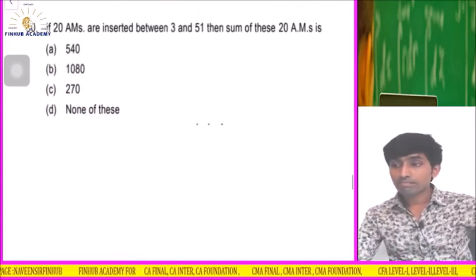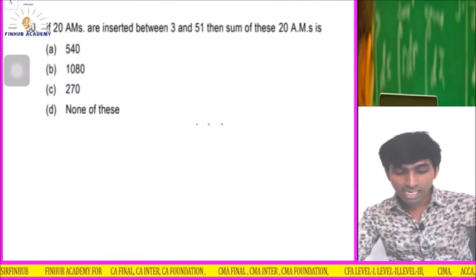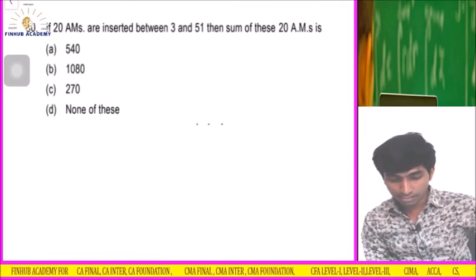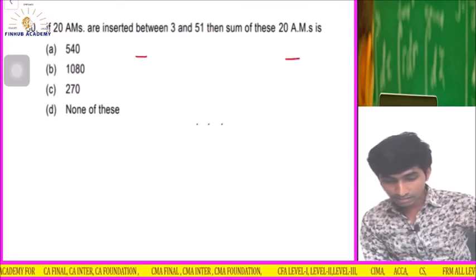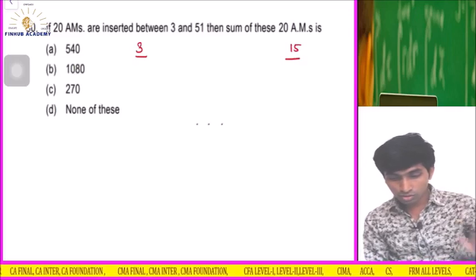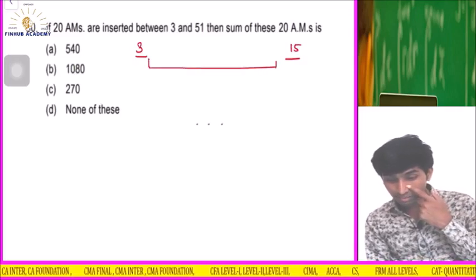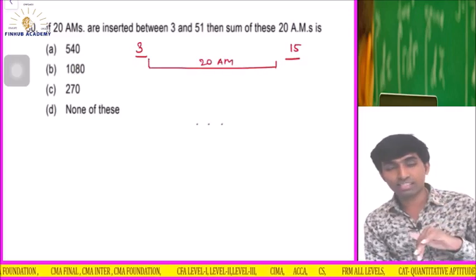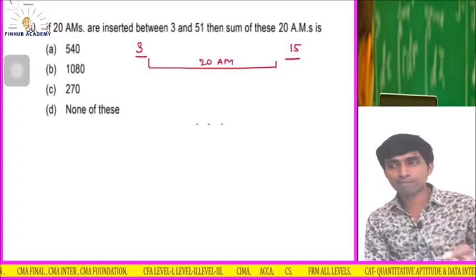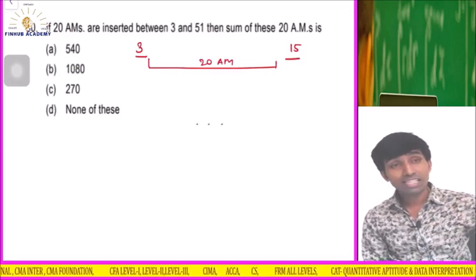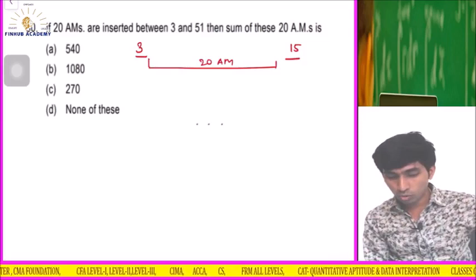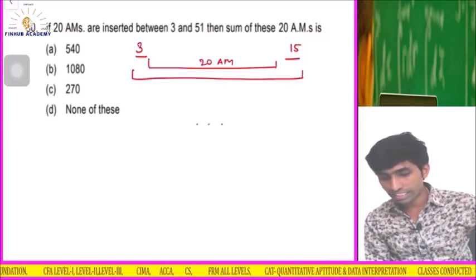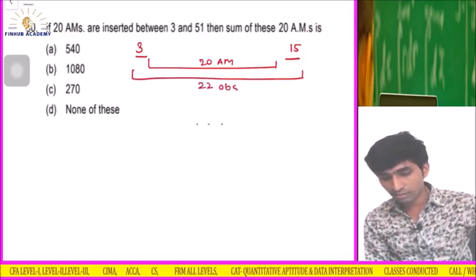If 20 arithmetic means are inserted between 3 and 15, please understand, 3 and 15. So there are 20 arithmetic means, 20 AMs I will insert, it's an arithmetic progression, correct. So in short, from here to here the number of data is 22 observations, 22 numbers are there.